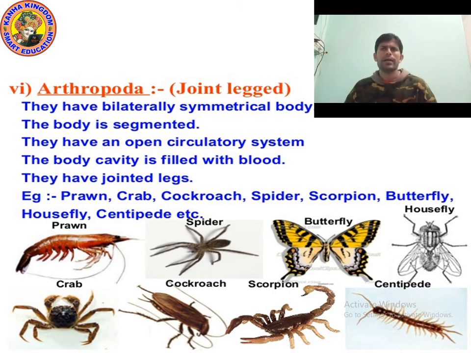Their body cavity is filled with blood, and they have jointed legs. As you can see, the examples are prawn, spider, butterfly, housefly, crab, cockroach, scorpion, centipede.